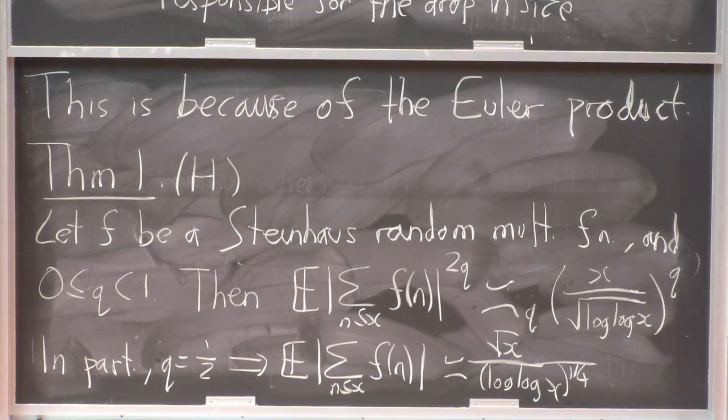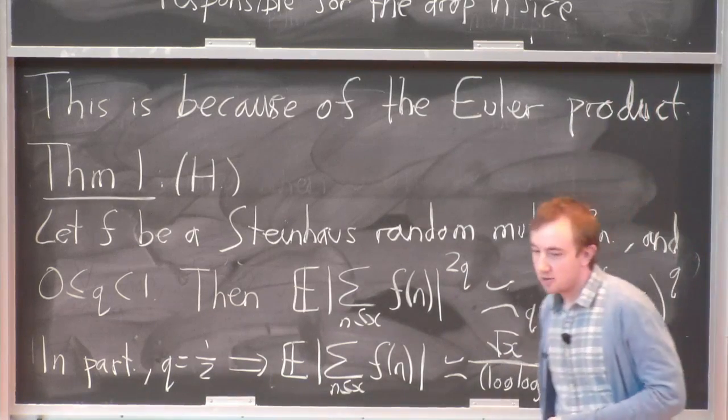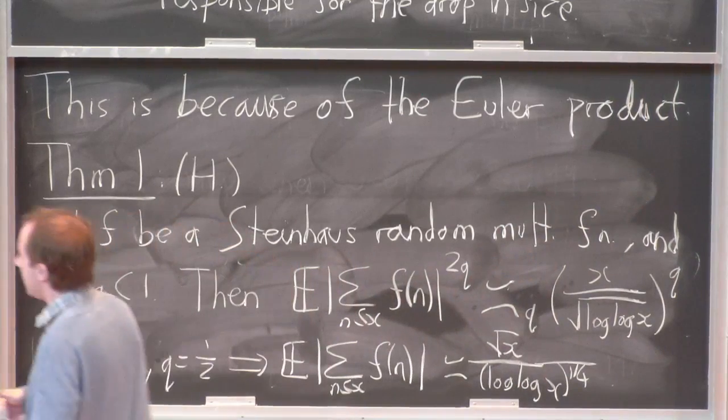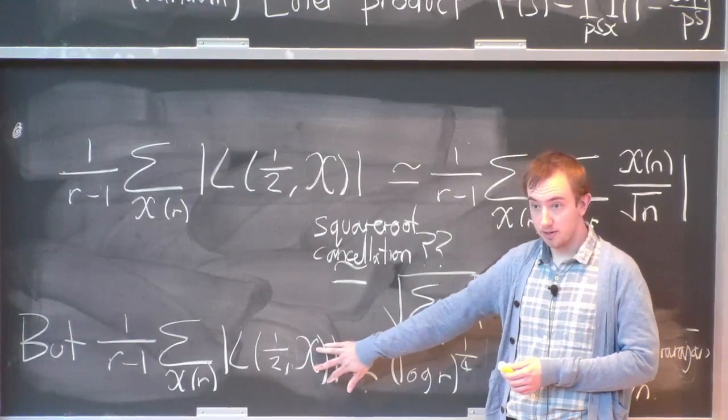Yes? Right. So I said here, the size of the first moment is smaller than you would expect just from square root cancellation. The reason it's smaller is because this thing doesn't behave like this sum, it behaves like the Euler product instead.